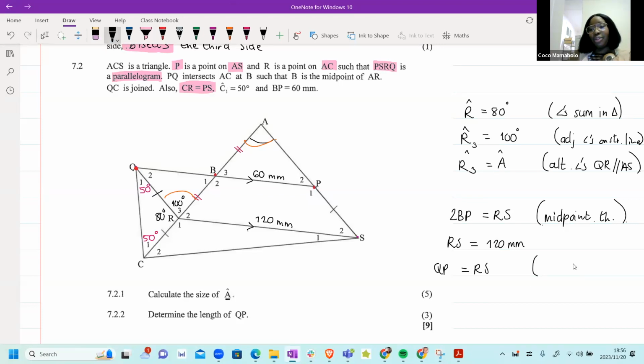Yes, that's it. Because the opposite sides of a parallelogram are equal. Opposite sides of a parallelogram are equal. Good. Therefore, QP is equal to 120 millimeters. Well done.